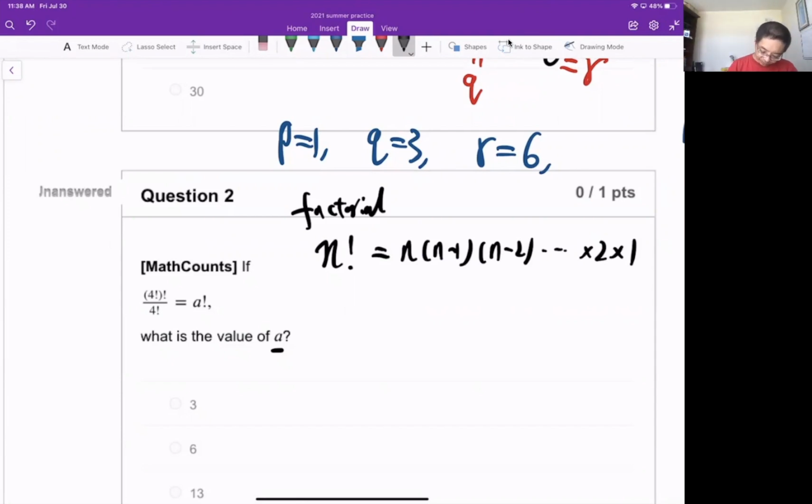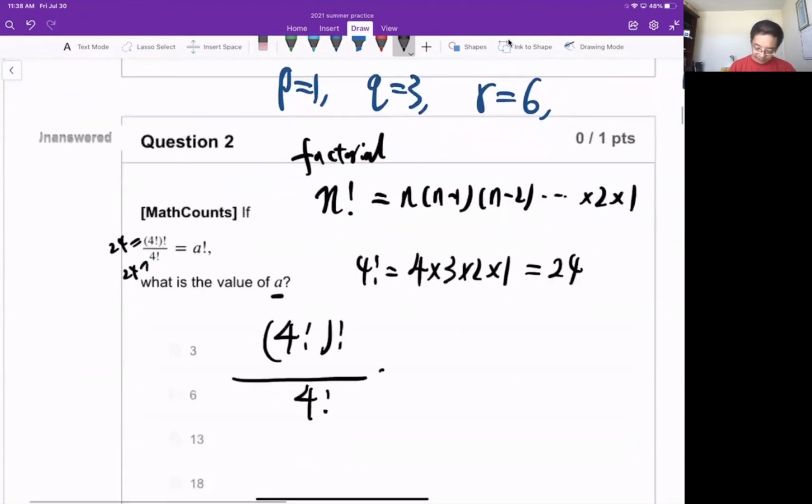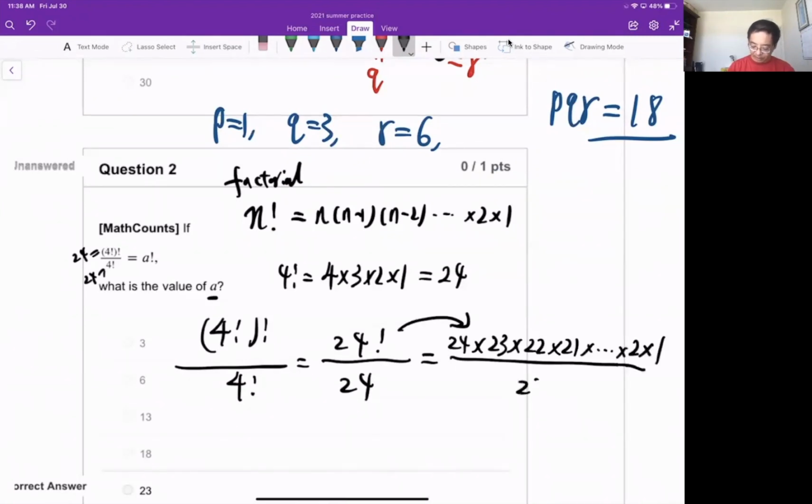So what is 4 factorial? By definition, it is 4 times 3 times 2 times 1, which is 24. Therefore, we replace this by 24, and we get 24 factorial over 24. Now we apply the definition of factorial. 24 factorial is 24 times 23 times 22 times 21, all the way to 2 times 1, divided by 24.